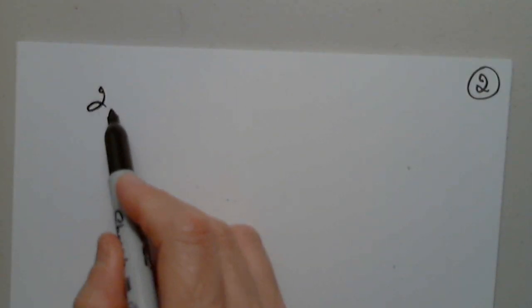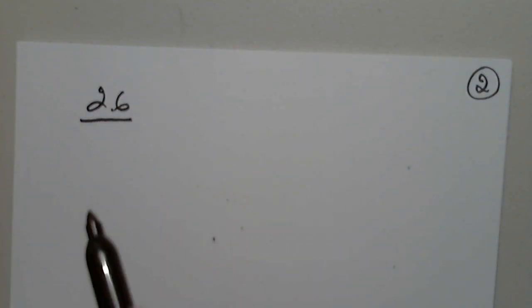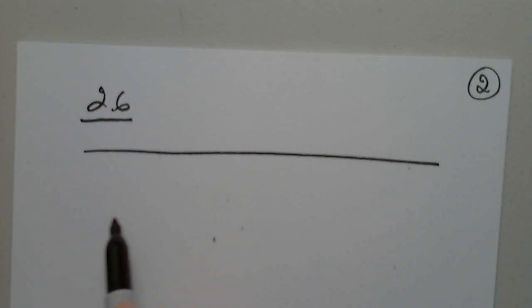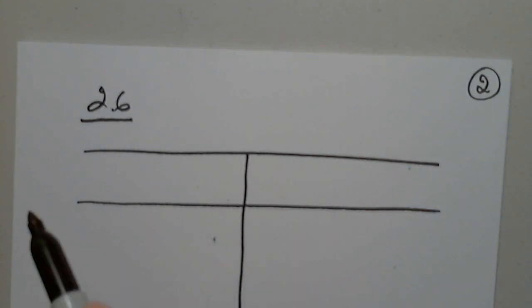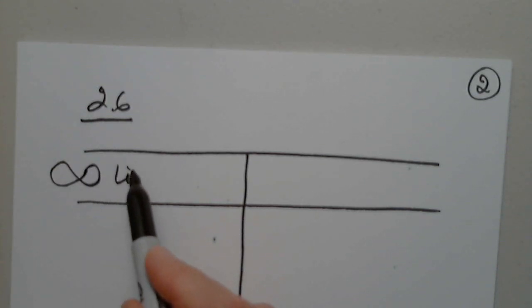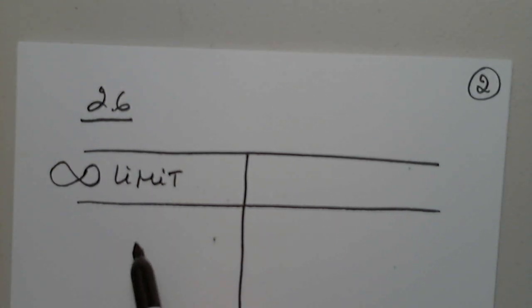The next section that we have to look at is 2.6, and that deals with limits at infinity. So let's try to understand, first of all, two different concepts. One concept is called infinite limit, which means the limit is infinity or negative infinity.